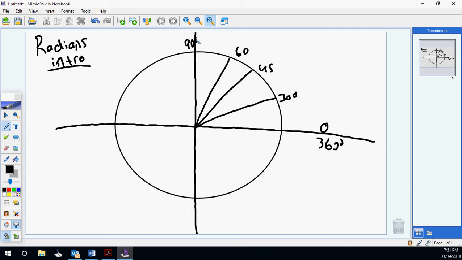But the point is that radian, since it's now talking about a length, an arc length, it's important to understand that this circle has a circumference, and that's a length. Well, the entire length of this circle is going to be 2 pi r, because that's the circumference formula. So 2 pi times the radius is the circumference of this circle.